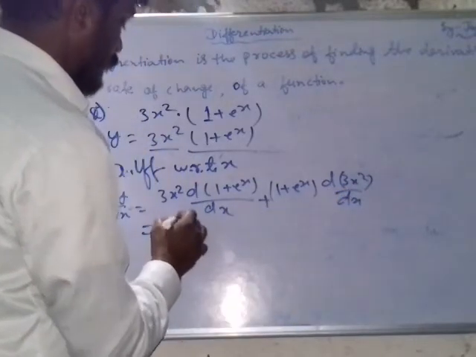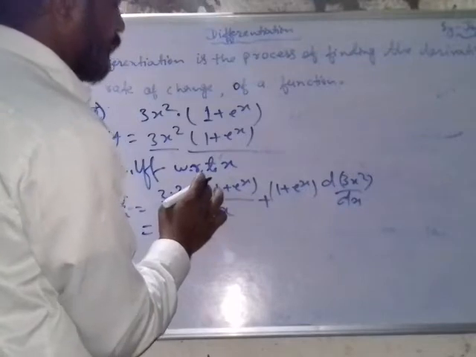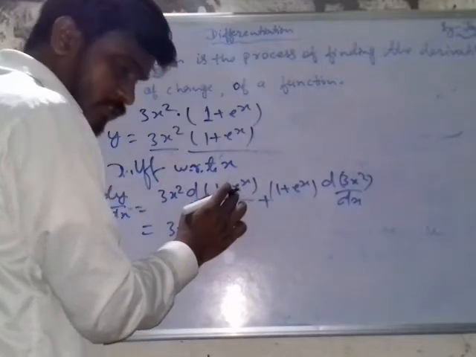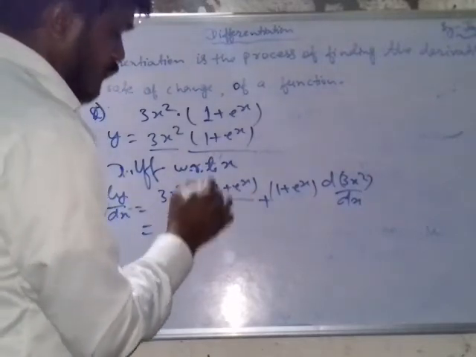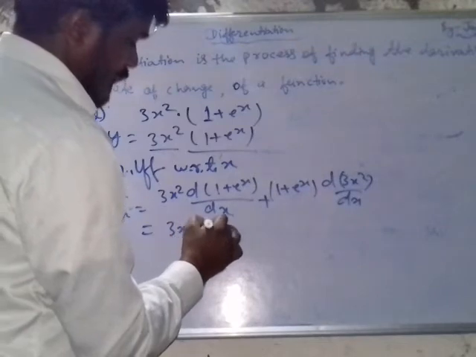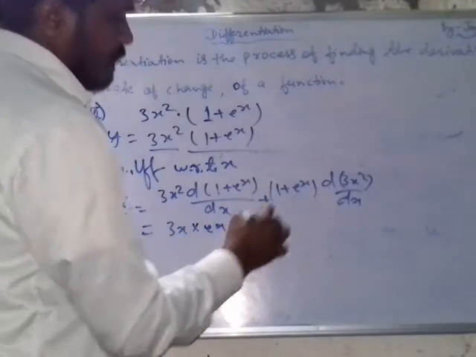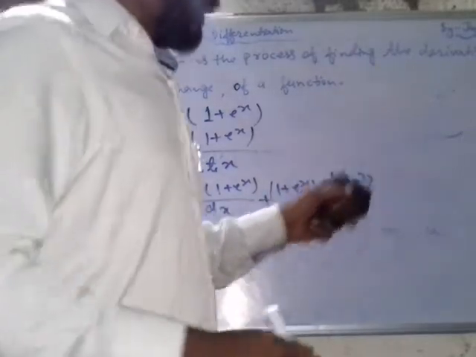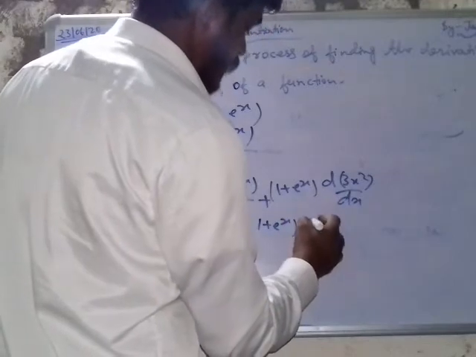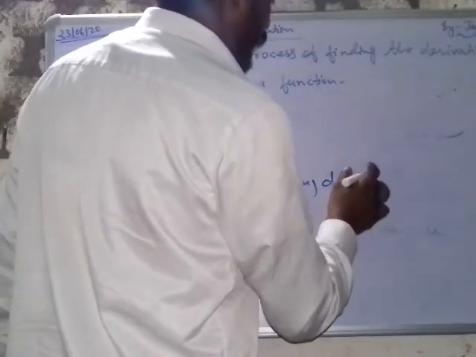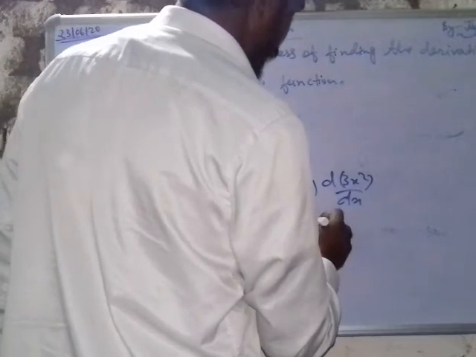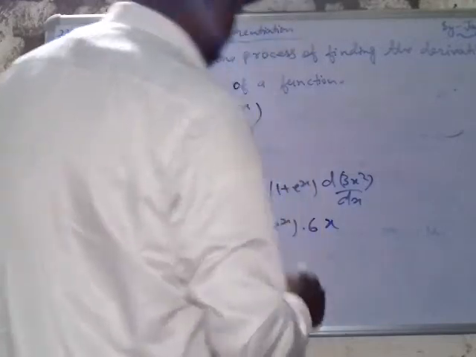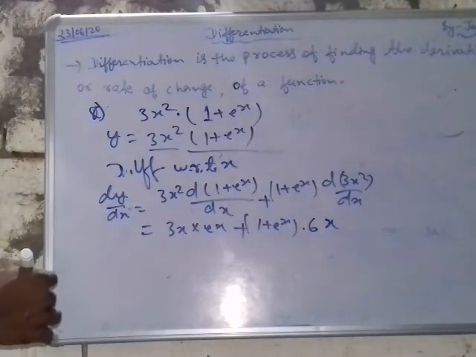Then we write 3x square, and the differentiation of 1, that is a constant term, equals 0, and the differentiation of exponential x equals exponential x. So we write exponential x plus 1 plus exponential x, and the differentiation of 3x squared equals how much? It becomes 6x.